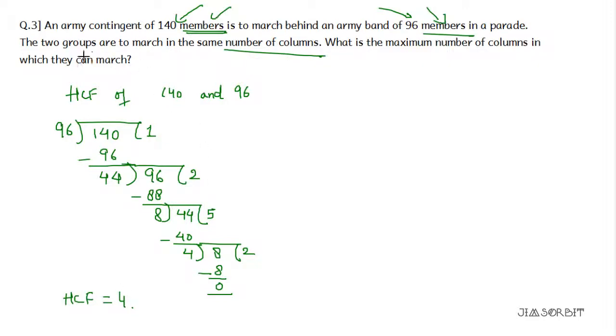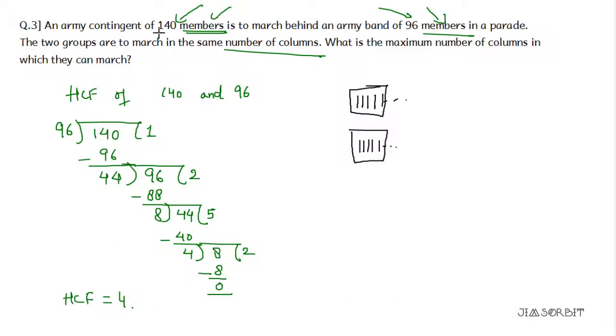Now it's written the two groups are to march in the same number of columns, and previously they have said that they will be marching behind. So like this we have two groups that are marching behind, but they have to march in the same number of columns. So the number of columns will be the same, whatever they will be. Okay, but we don't know how many columns were there. Now we see that we have found the HCF is 4.